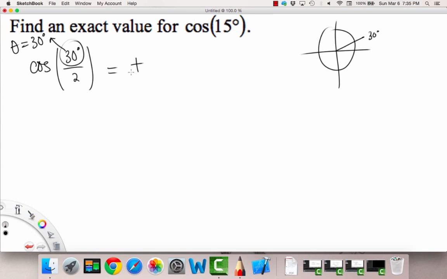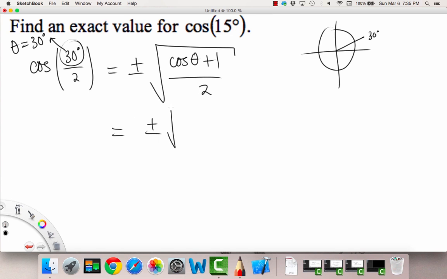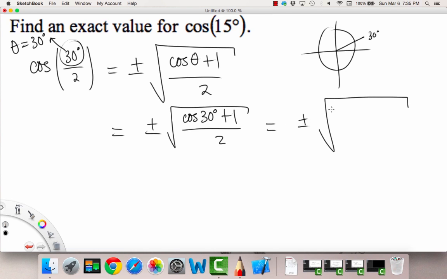And our formula for cosine is plus or minus the square root of (cosine theta plus 1) over 2. So we're just going to plug in theta equal to 30 degrees, so cosine of 30 degrees, which we do know and are familiar with. Cosine of 30 degrees is just radical 3 over 2. So this is plus or minus the square root of (radical 3 over 2 plus 1) and then over 2.